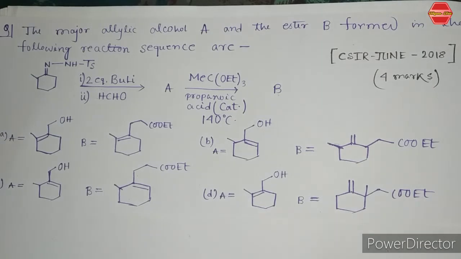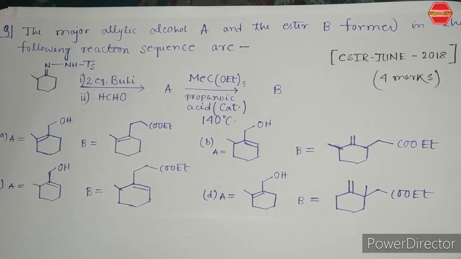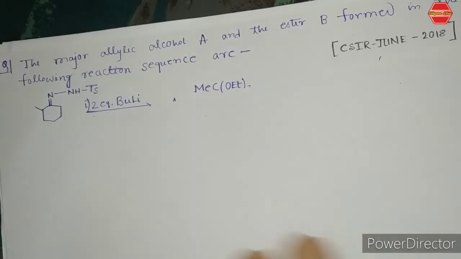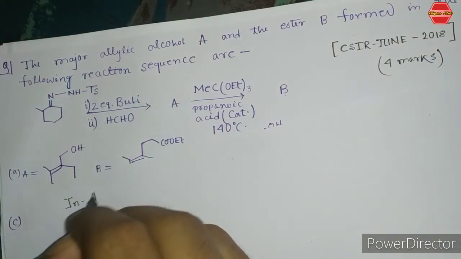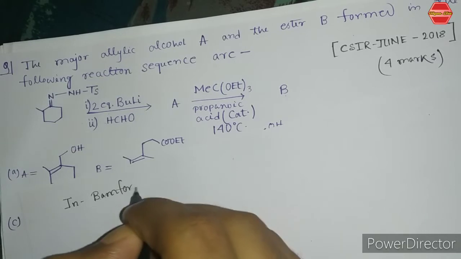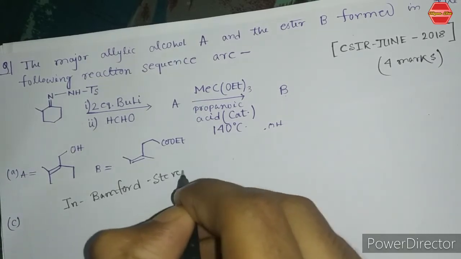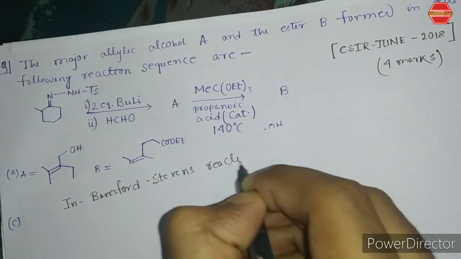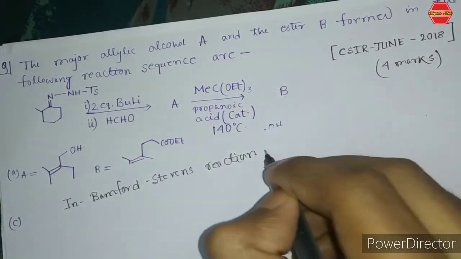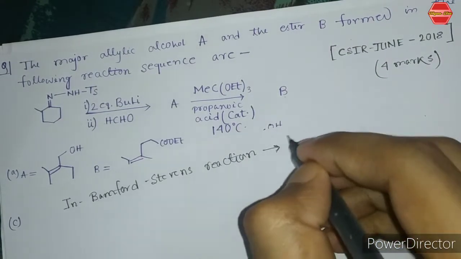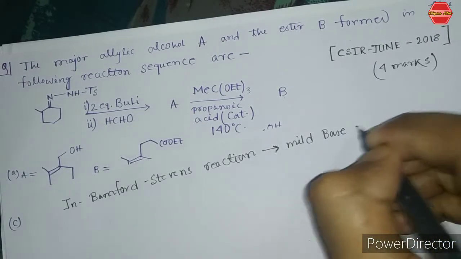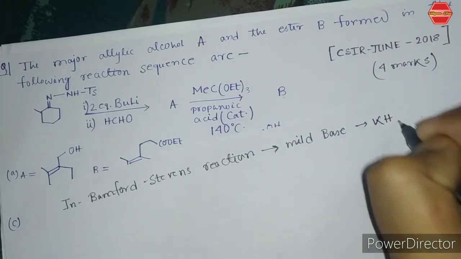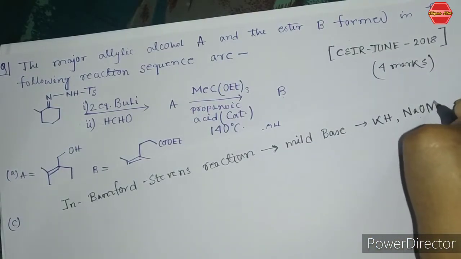Okay, so let us know the basics of the two reactions, Bamford-Stevens and Shapiro. So I'm writing here. In the Bamford-Stevens reaction, the base which is used is a mild base, like potassium hydride or sodium methoxide.